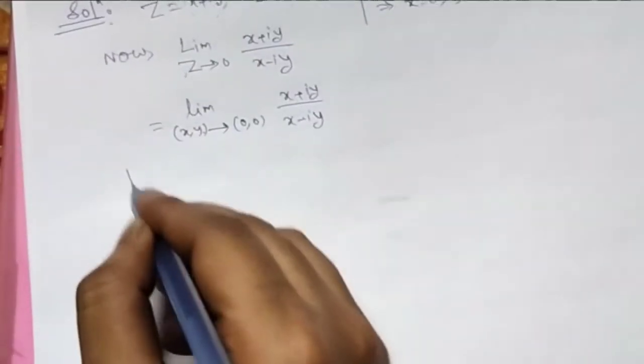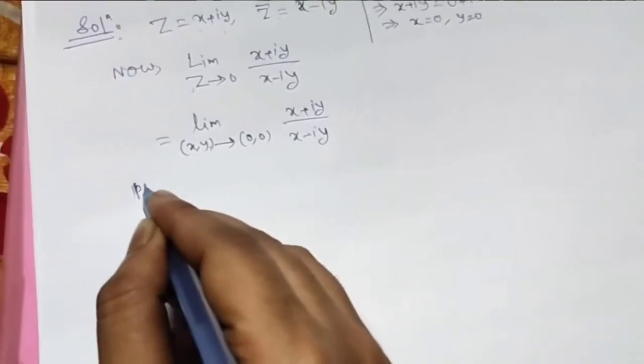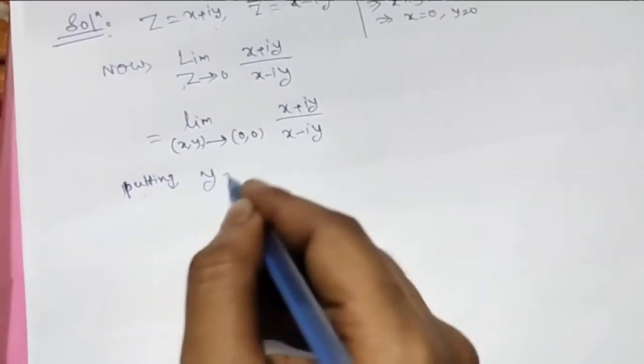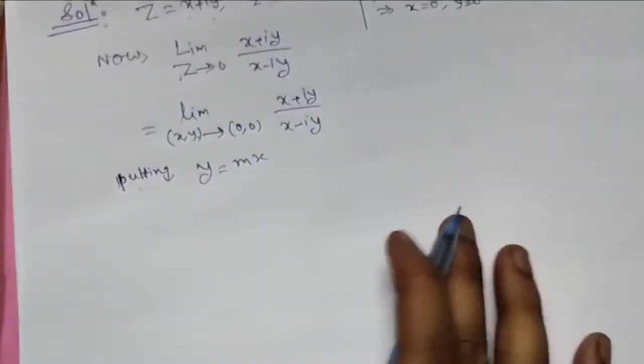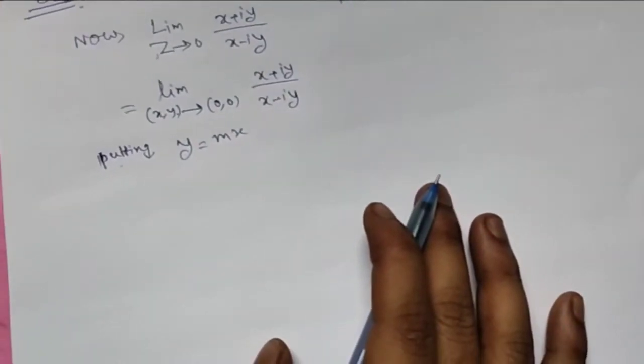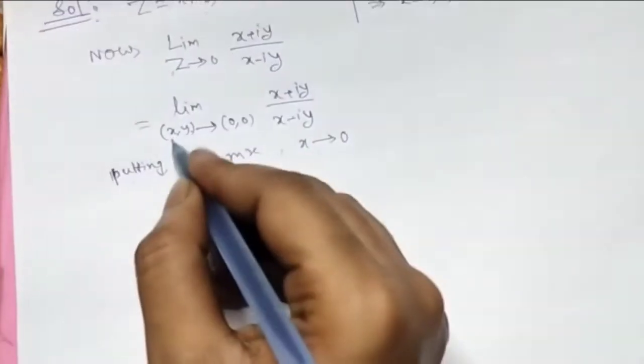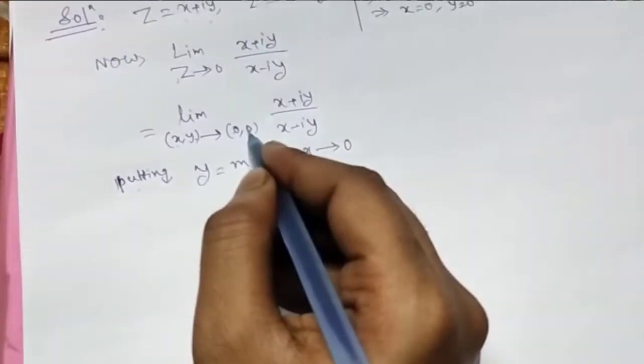So now here is one transformation, putting y is equal to mx, then as x tends to 0, y tends to 0.